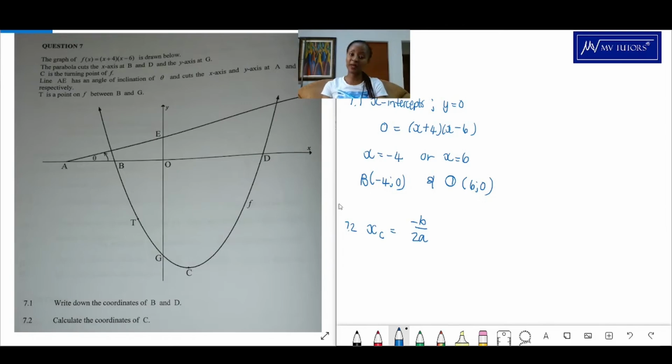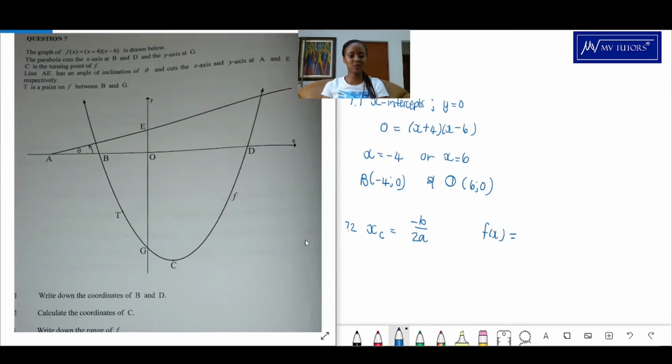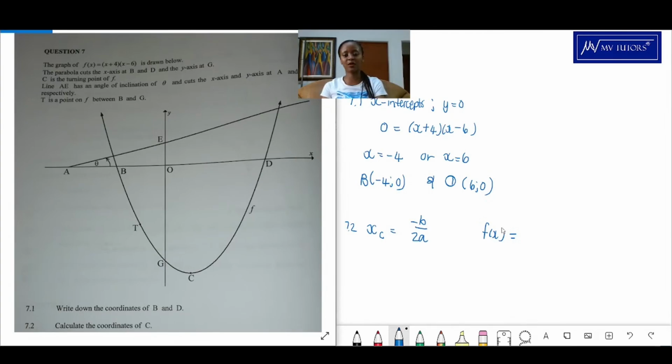But the way our equation is written, it's not multiplied out, so let me multiply it out quickly. The mark allocation here is quite low, 2 marks, so I'm doing a lot more than is required, but whatever works and is quickest for you. For me, this is quick.